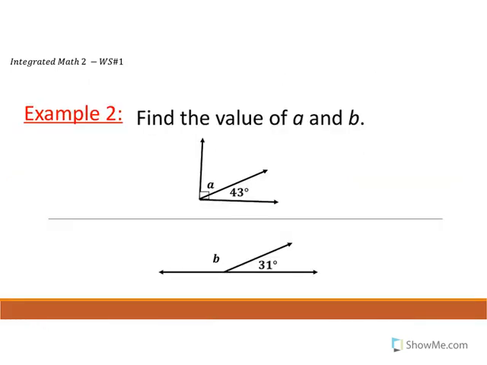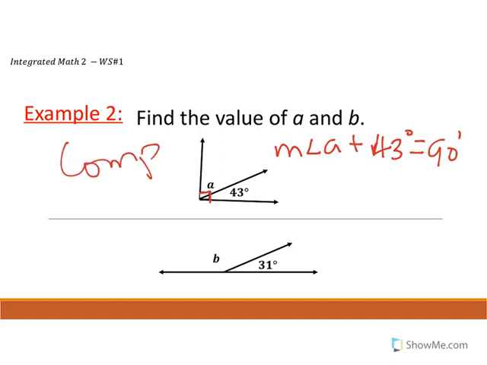Example 2, find the value of A and B. Here we have a drawing that forms a right angle, so the measurement of angle A plus the measurement of the angle 34 degrees is equal to 90 degrees because they are complementary.